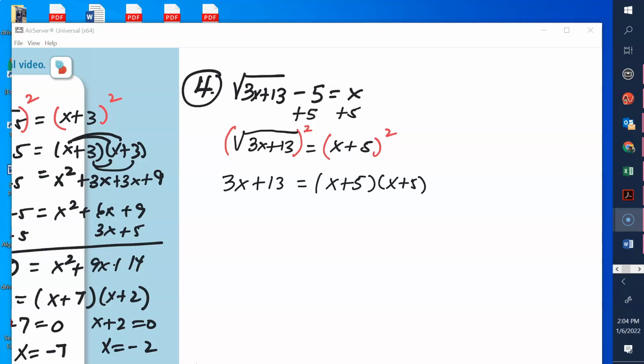Okay, so the next step was the radical is eliminated, so you have 3x plus 13, and then you have x plus 5 raised to the second power. So it's x plus 5 times x plus 5. We're going to focus our attention on the right side, so you're going to do the FOIL method. x times x, x times 5, 5 times x, 5 times 5.